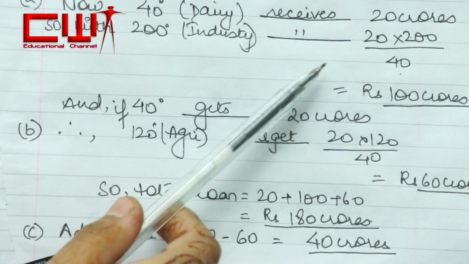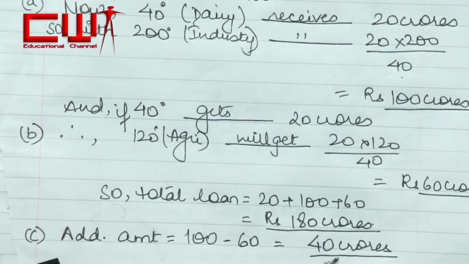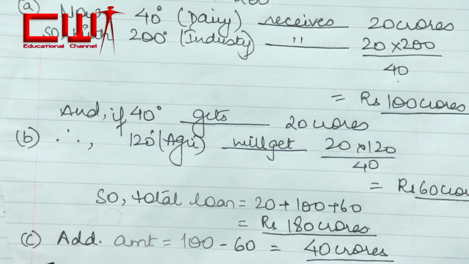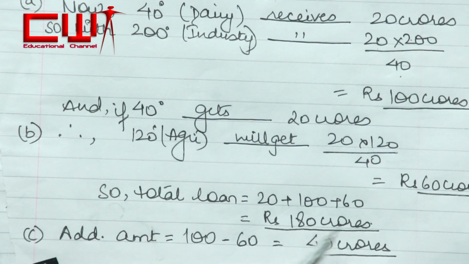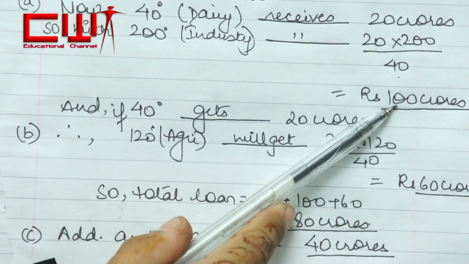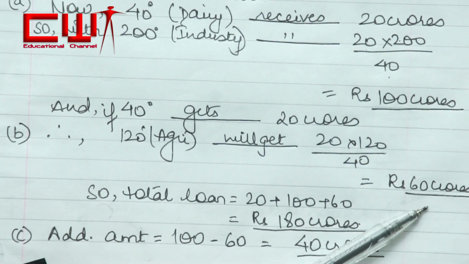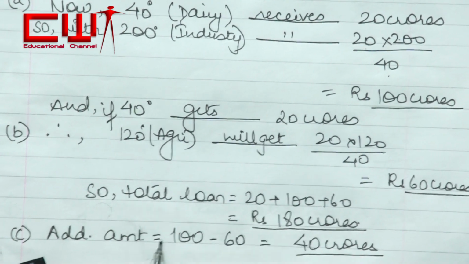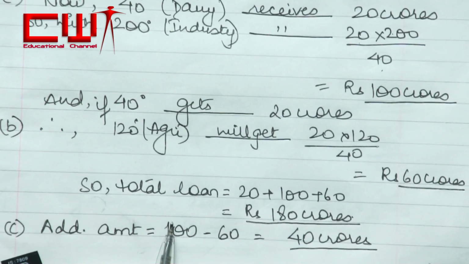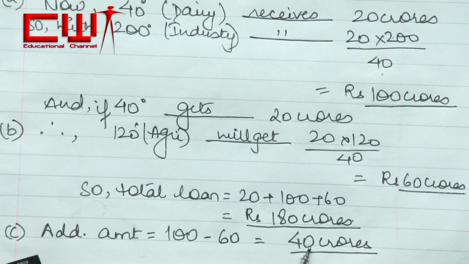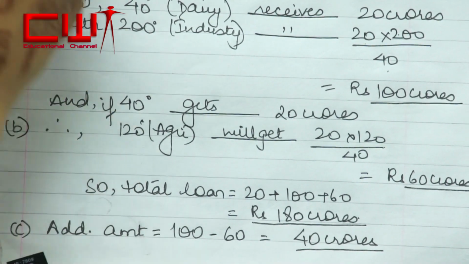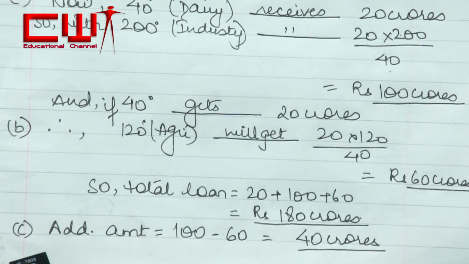How much extra is the industry getting? 40 crores. 100 minus 60, 40 crores, right? Additional means the extra amount industry is receiving: 40 crores, right? This is the 7th question that has been solved.